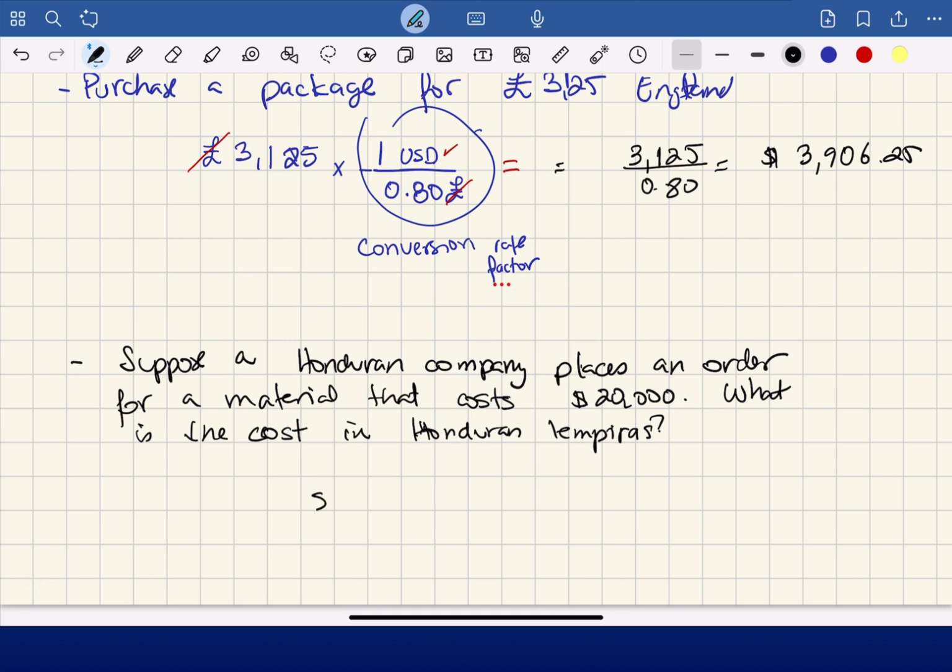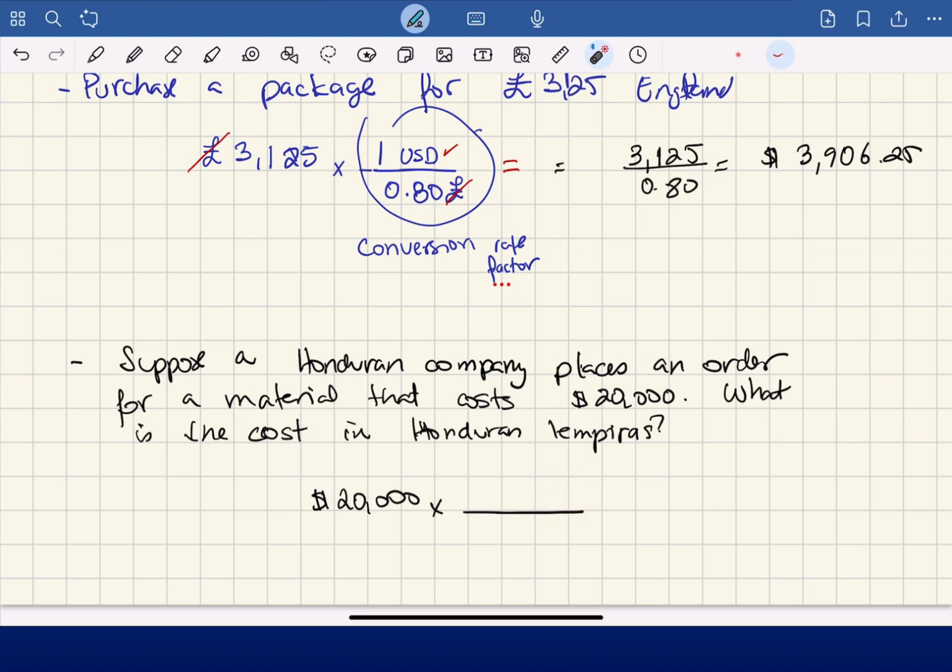We start with what we know. Remember, we start with what we have: $20,000. Now here, this is our conversion factor. What do we want to get rid of? We want to get rid of the US dollars. So I would put the US dollars right here in the denominator, and the lempiras here in the numerator.